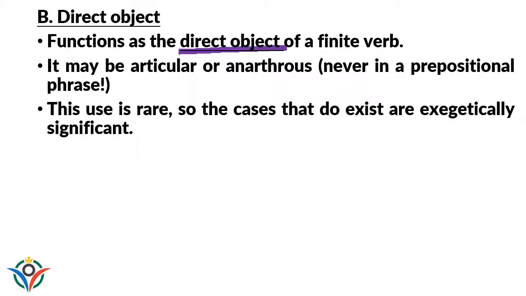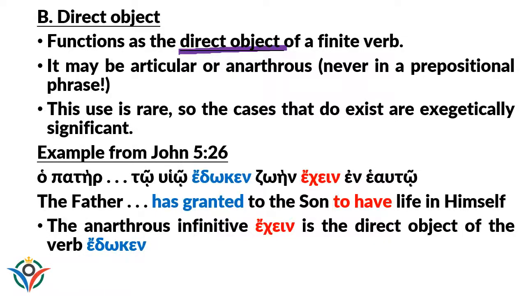And this use is rare, so the cases that do exist are exegetically significant. So here's an example from John 5 verse 26. The Greek reads, ho pater to huio edoken zoen echein en heauto. The Father has granted to the Son to have life in himself.